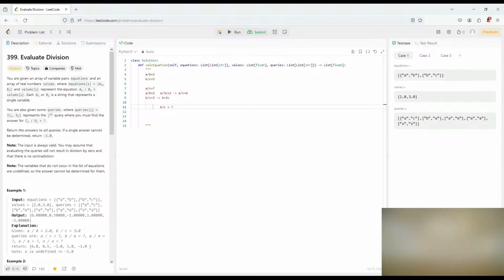So how do we find B divided by C from this equation? We have to find out A, but we don't have A here.